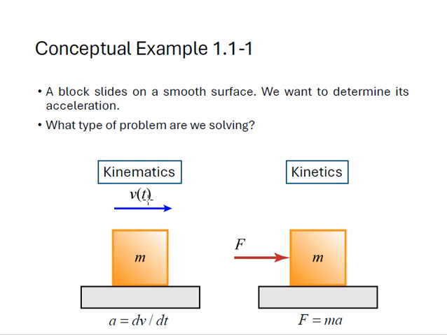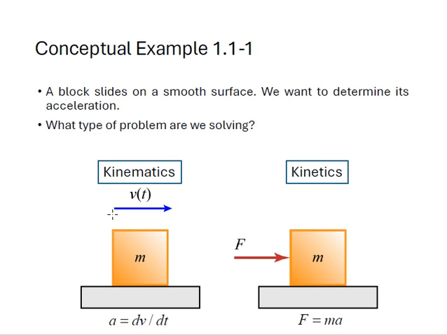Another symbol is actually time. There's a multiplier in between these two symbols: v times t, where t is your time. So velocity and time.